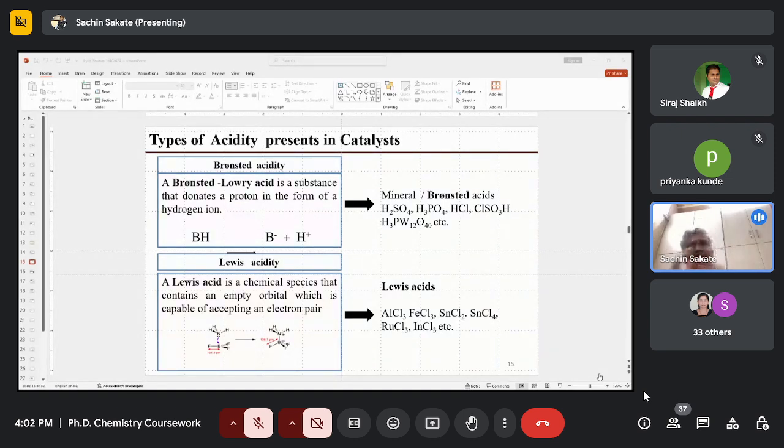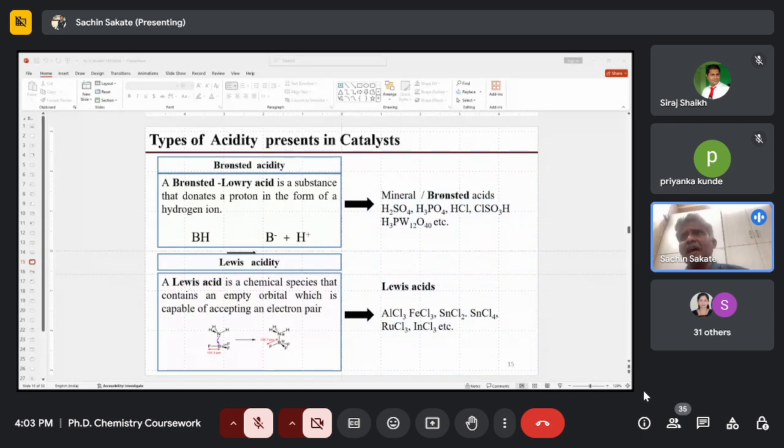Everybody knows. Okay, then what about the Bronsted acidity and Lewis acidity? This concept we are going to use in the catalyst or in the support analysis.